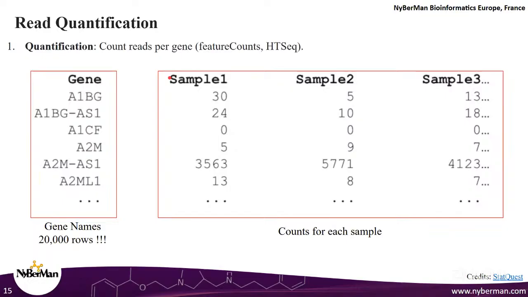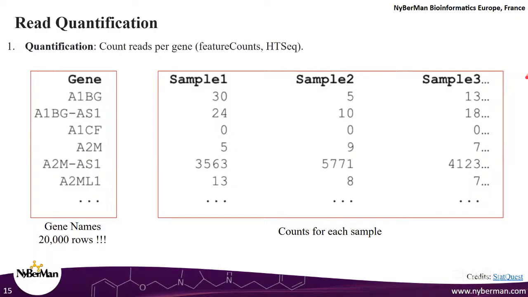Each row is a gene name, and under each sample column you get how many reads mapped to that gene. So for example, for sample 1, for gene A1BG, there were 30 reads that mapped to it. For sample 2, there were only 5 reads that mapped to it. And for sample 3, there were only 13 reads that mapped to it.